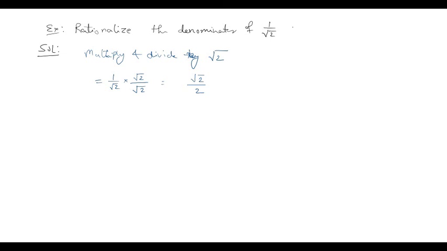So now in the denominator there is a rational number. In this form it is easy to locate 1 by square root of 2 on the number line, and it is halfway between 0 and square root of 2.